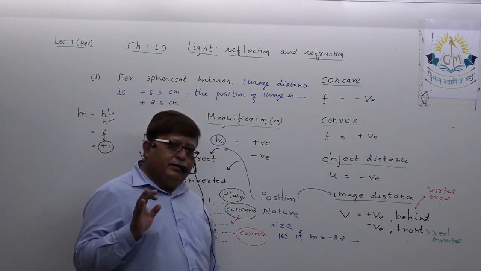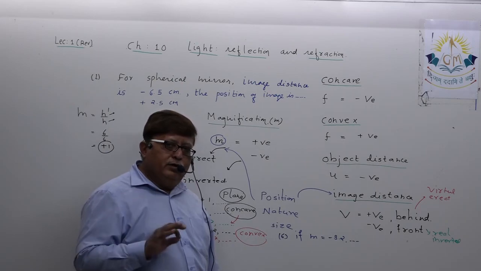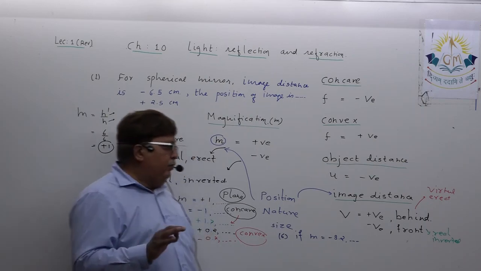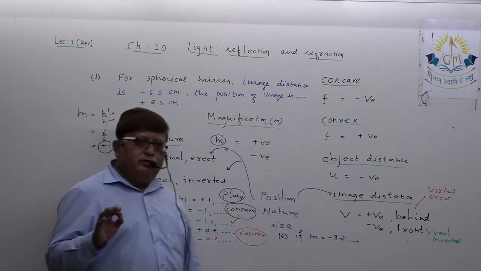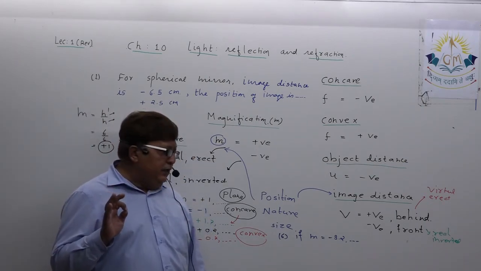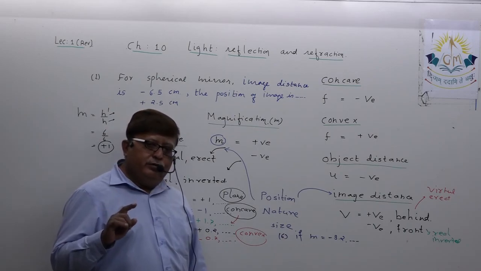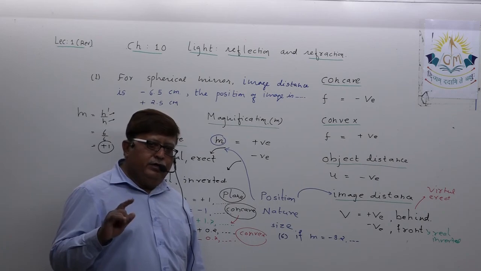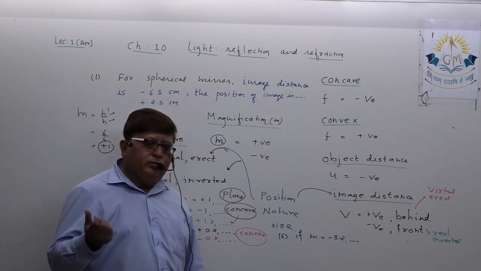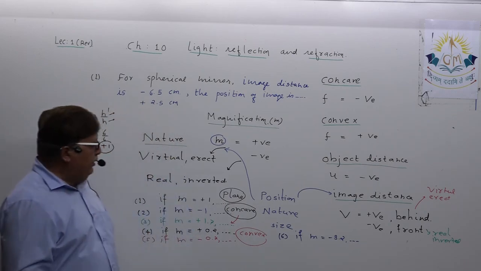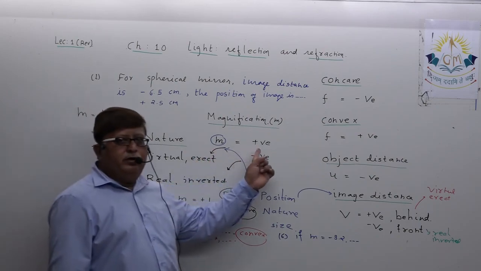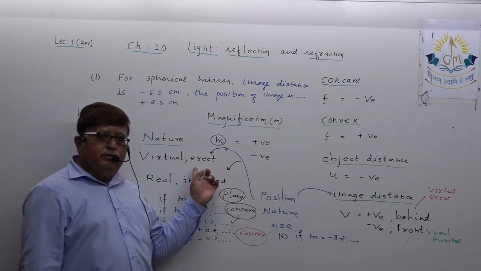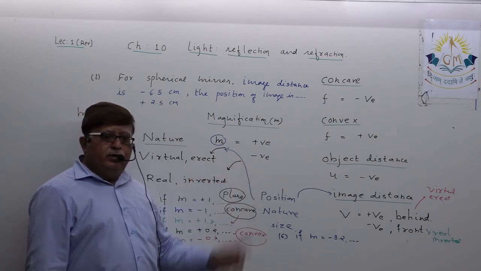You need to write: concave mirror, focal length negative. Convex mirror, focal length positive. Object distance always negative. V positive behind the mirror, virtual erect. V negative in front of the mirror, real and inverted. Magnification positive, image virtual erect.